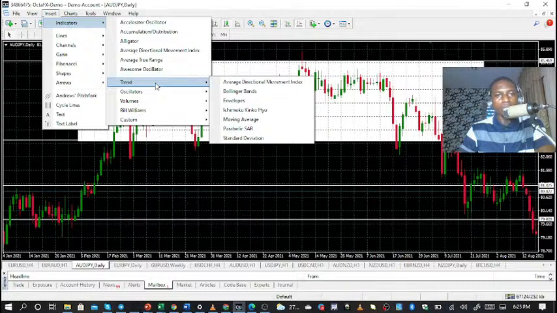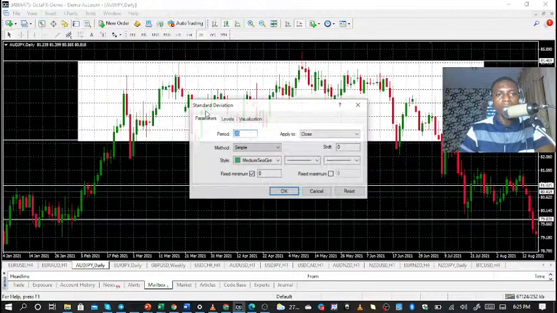Then we have trend indicators, which monitor the trend. We have the average directional movement, the Bollinger Bands, envelopes, Ichimoku, moving average, parabolic SAR, and standard deviation.